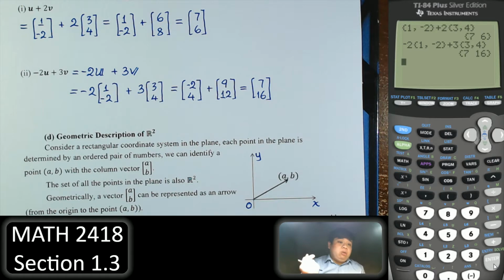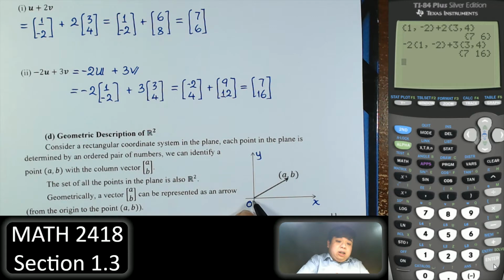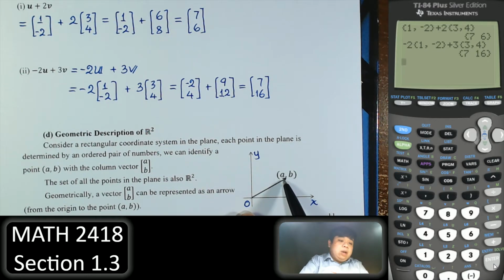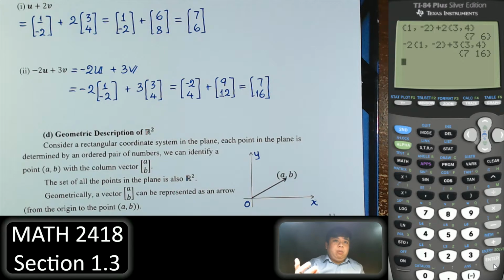But think of a vector in R2 as something that has 2 components. So we can write that as a point, or if we represent it geometrically, the tail end is at the origin, and the head of the vector is at the point. So every vector is associated to a point: a point is a vector is a point, something that has 2 components if it is in R2.